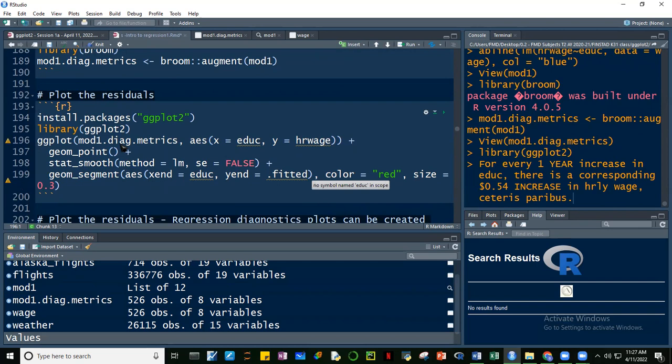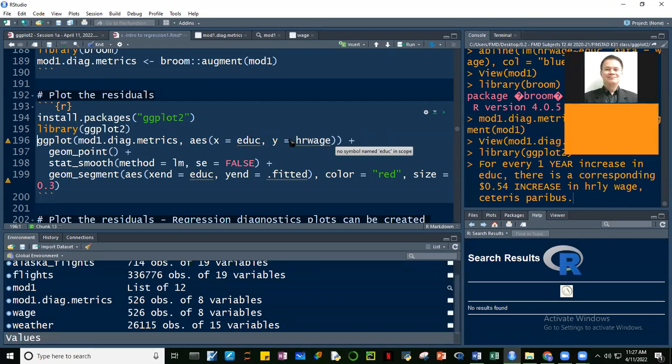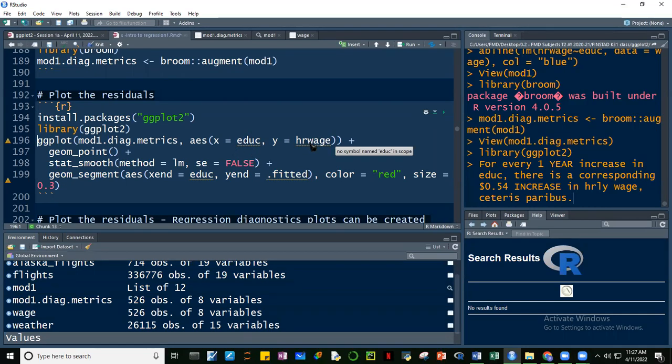We use ggplot2 in plotting our model 1 diagnostics, where we plot education and hourly wage. This is your independent variable, your predictor. This is your outcome variable. Then we're using geom point. Then we added a statistical smooth with method lm. And then we also added a segment here.